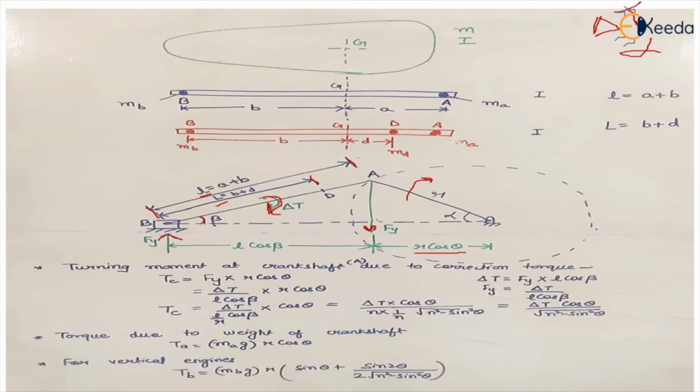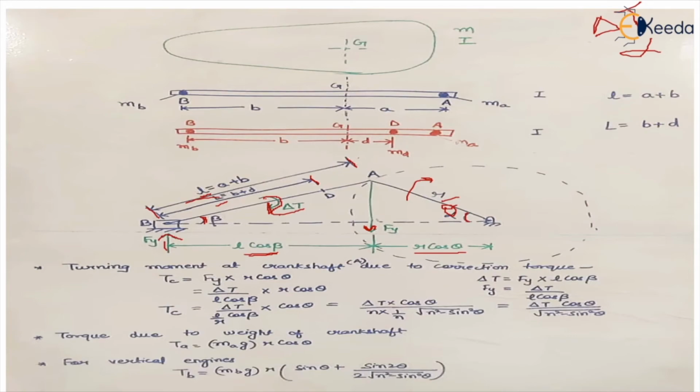And we also know that this delta T is equal to Fy into the perpendicular distance, which is L cos beta. Now if this distance is L and this angle is beta, this will be L cos beta. And if r is the length of the crank and this angle is theta, it will become r cos theta, right? Let this be theta, so this becomes r cos theta.